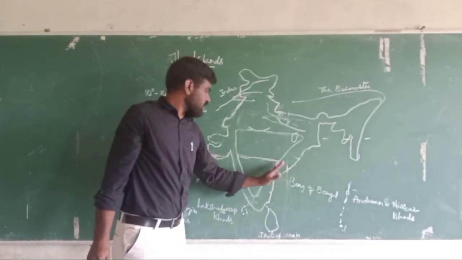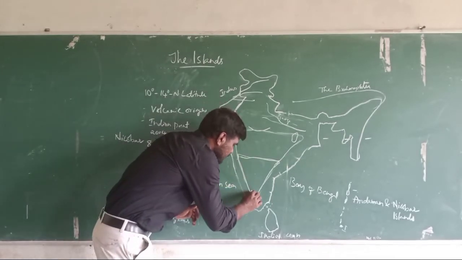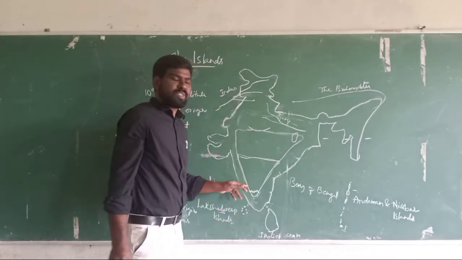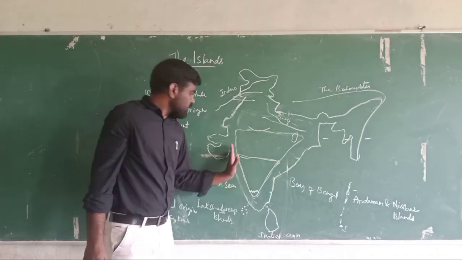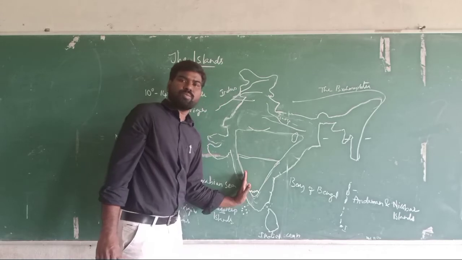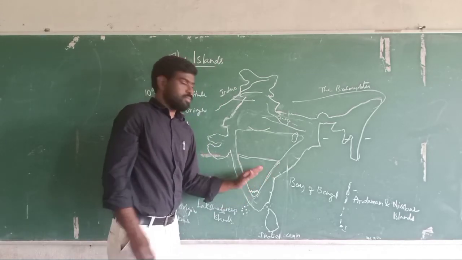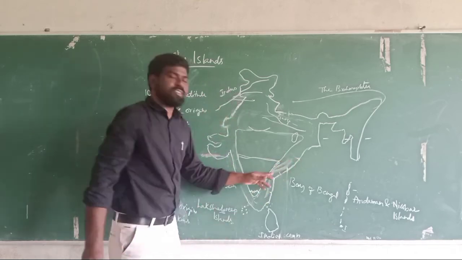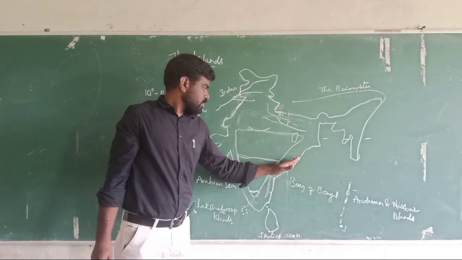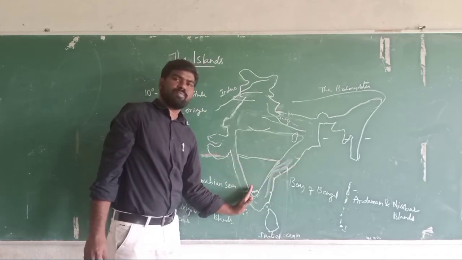The Eastern Ghats and Western Ghats merge at the Nilgiris. The Western Ghats are massive and stronger than the Eastern Ghats. And we have coastal plains: eastern coastal plains and western coastal plains.